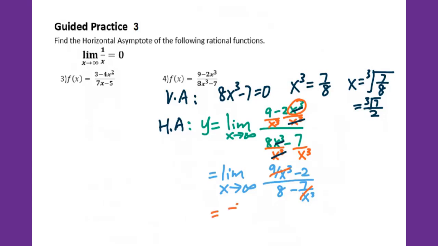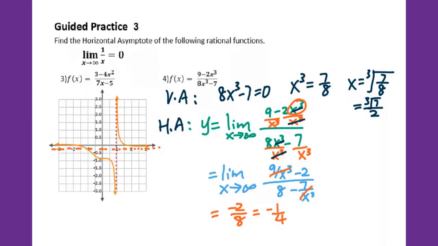Therefore, you will get negative 2 over 8, that is negative 1 over 4. This is the graph. Here is y equals negative 1 over 4. You could see when x tends to negative infinity, the graph keeps going very, very close to this horizontal line y equals negative 1 over 4.